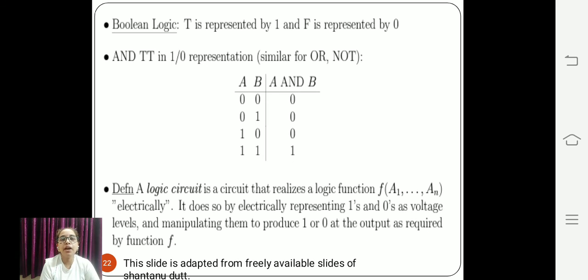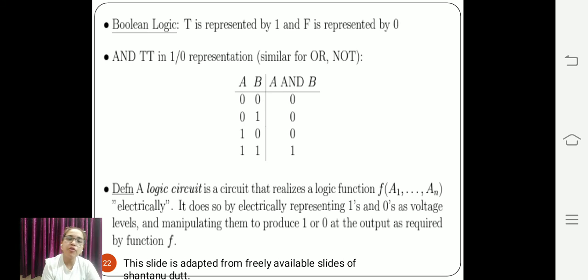Like this, I have discussed here what Boolean logic is. Boolean logic means T is represented by 1 and F is represented by 0. Here is the AND truth table with respect to the 1 and 0 representation.